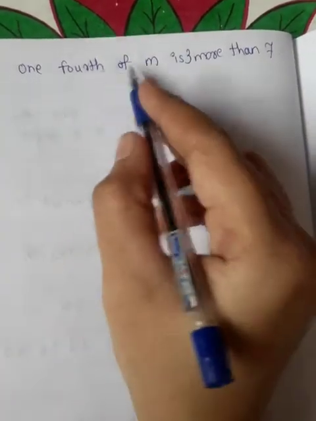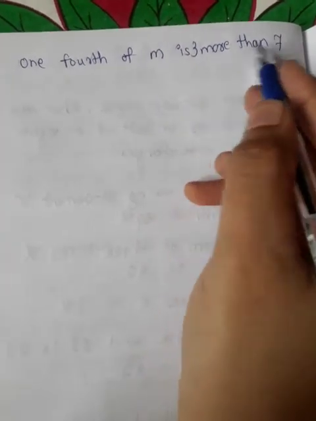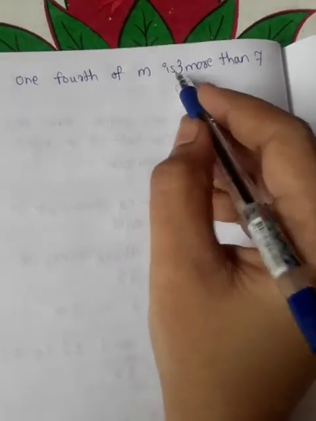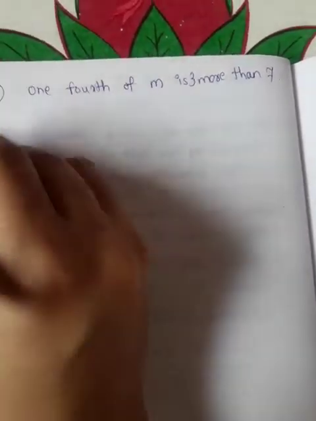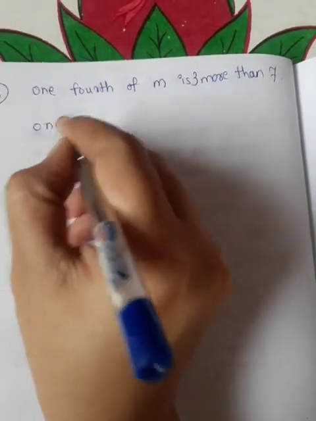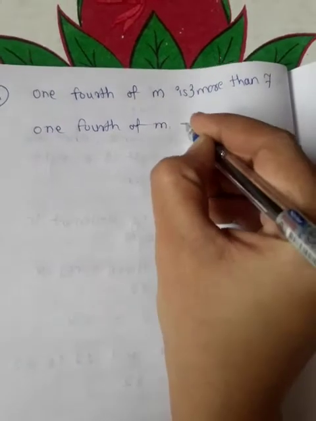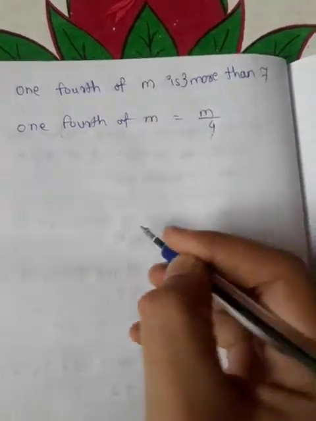So 1/4 of m is 3 more than 7 means the difference between 1/4 of m and 7 is 3. First of all, 1/4 of m is nothing but m by 4.